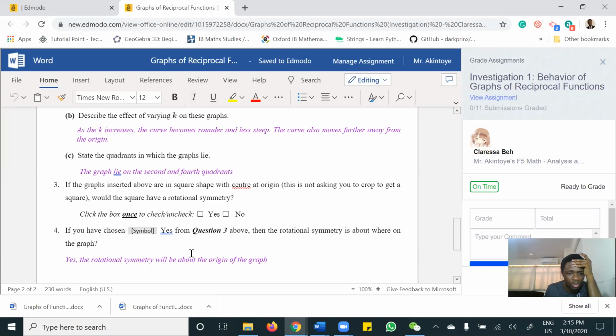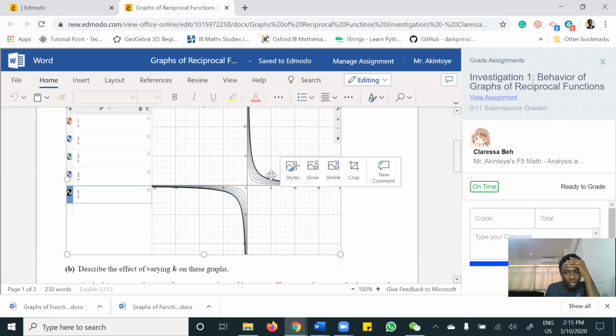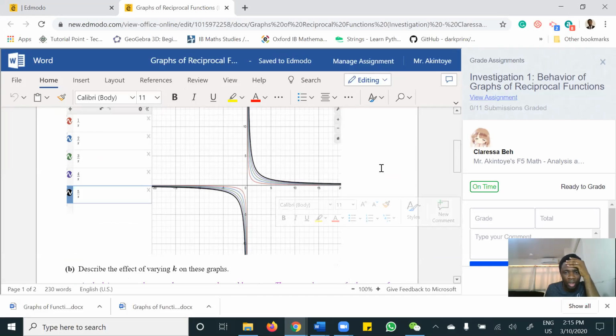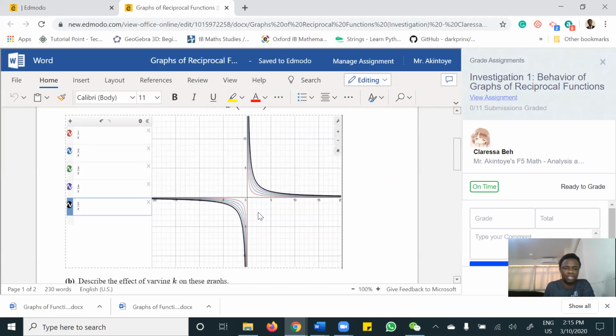Okay, so the rotational symmetry is about the origin. Yes, there's a rotational symmetry. What do we mean by rotational symmetry? If you rotate the shape, it will be exactly the same thing. Does everybody understand what rotational symmetry means? Okay, so it will be exactly the same thing.